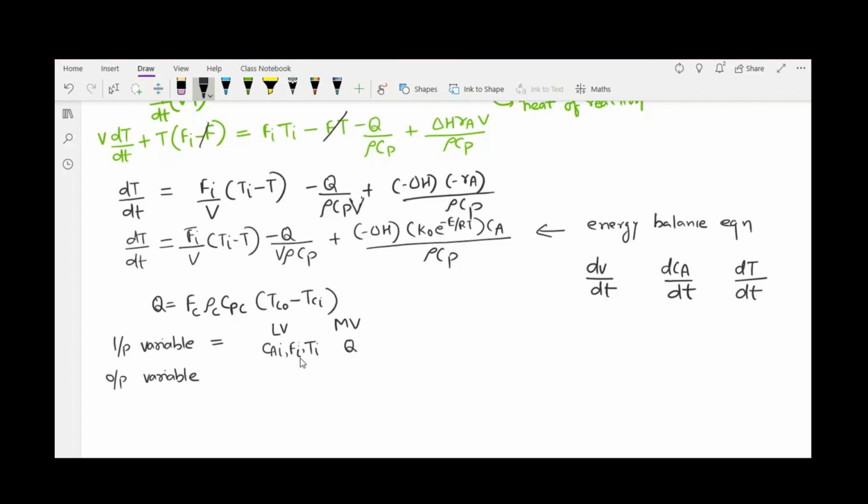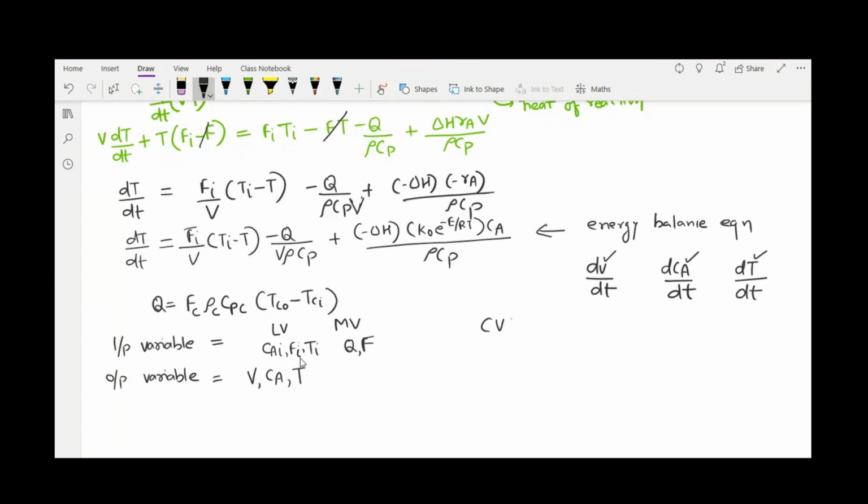Q will be a manipulated variable, and the outlet flow rate F will also be a manipulated variable. And the output variables are the terms which are in the equations: the volume, Ca and T.